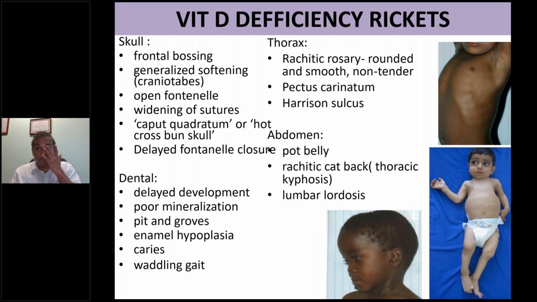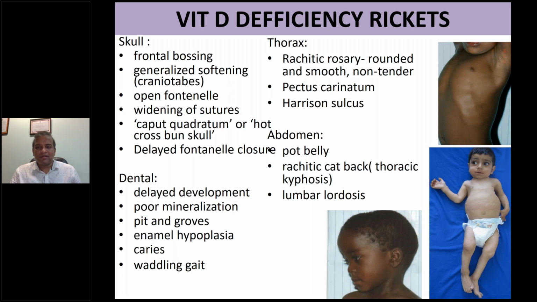In the thorax, there will be a rachitic rosary, which is rounded, smooth, and non-tender. And there will be a pectus carinatum, rarely excavatum, but mostly carinatum. The sternum protrudes outside.